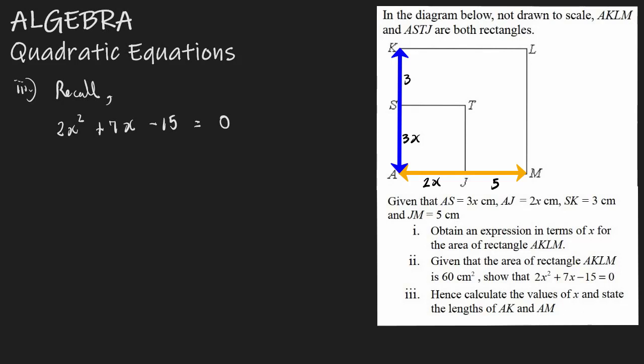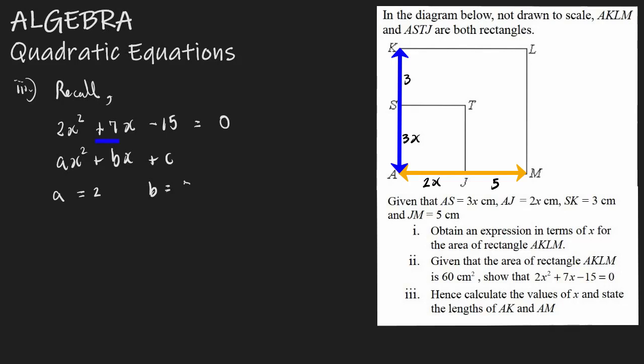In this example, I will be using the quadratic formula to determine the values of x. Quadratic expressions have the standard form ax squared plus bx plus c, where a is the coefficient of the x squared term. In this example, this is equal to 2, where b is the coefficient of the x term.